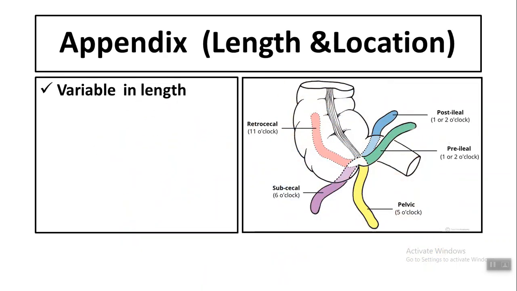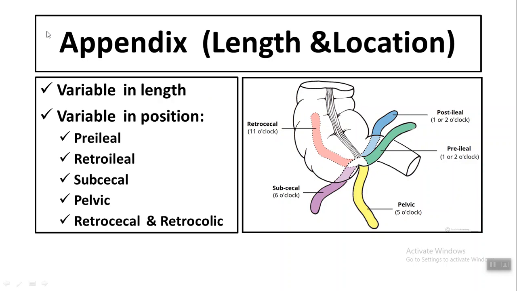Regarding the appendix length and location, first it is variable in length, and it might be from 8 centimeters to 13 or 15 centimeters, and it is variable in position. It might be pre-ileal, retroileal, subcecal, pelvic, reaching to the pelvic organs, or retrocecal and retrocolic, which is a common site.